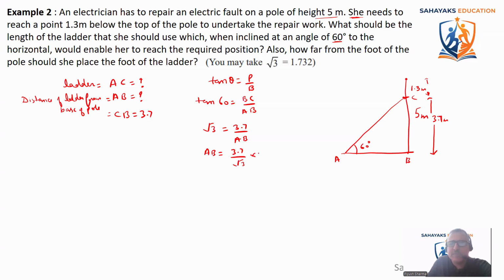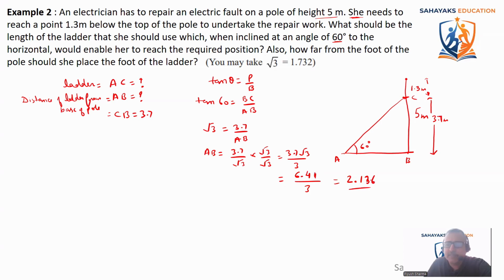Okay. To rationalize the denominator, we'll multiply it by √3 by √3. So it comes as 3.7 √3 divided by 3. When we compute this value, it comes out to be 6.41 divided by 3, and that comes out to be somewhere around 2.14 or 2.136.